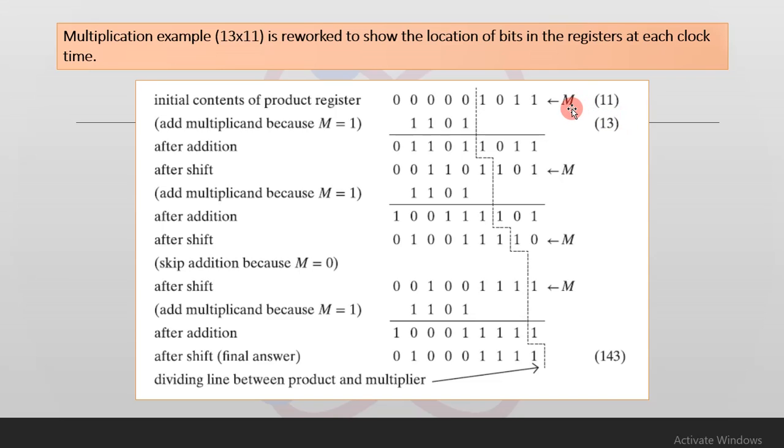Since the controller was initiated with M equal to 1, we are going to add the higher bits of the accumulator with that of the multiplicand. On addition, we will get this particular result, which is being highlighted in yellow color. Now we need to perform one shift to the right.